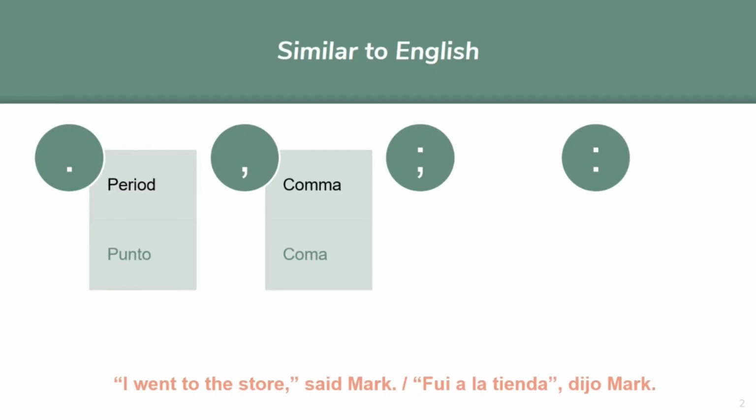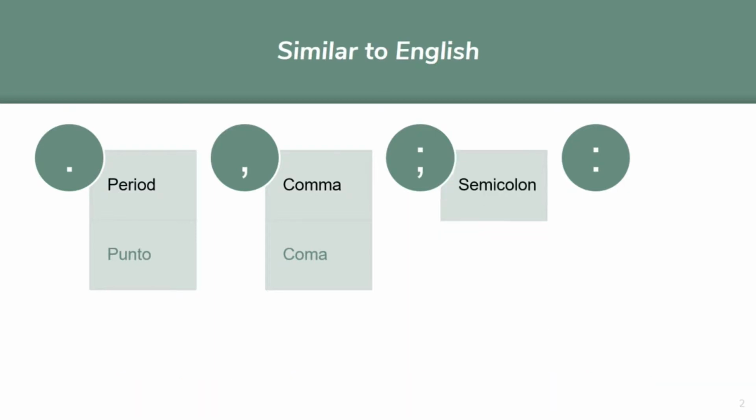Anyway, another one that you'll see fairly regularly is a semicolon, which is called a punto y coma in Spanish, which I love because how simple is that? As long as you remember that a period's a punto and a comma's a coma, then you can say semicolon, punto y coma, which is way easier than it is in English.